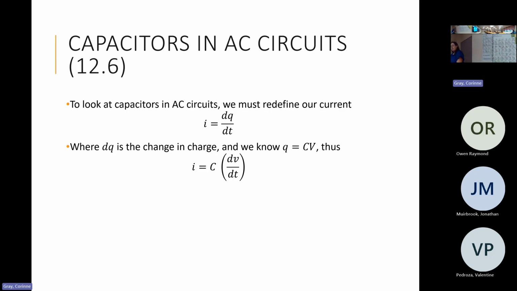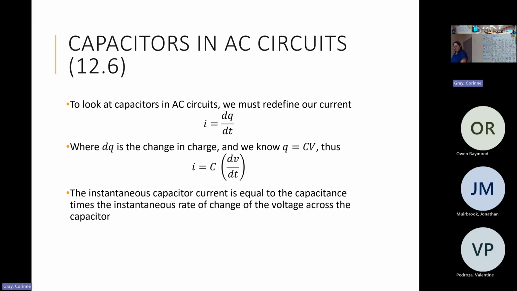So for this equation here, this is the instantaneous capacitor circuit current. So this is telling us, from the capacitor, how can we go through and calculate the current?